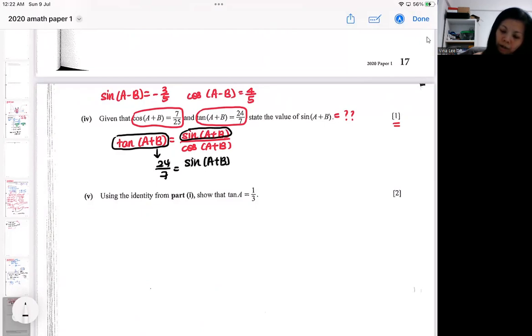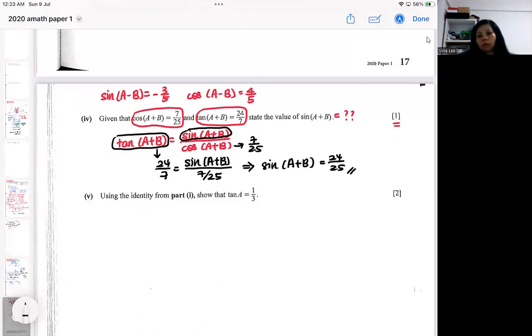And the denominator is actually provided. That is 7 over 25. So you can do your cross multiplication and get your sine A plus B to be 24 over 25. So the formula is quite easy and the steps are not complicated. That's why it's only 1 mark.